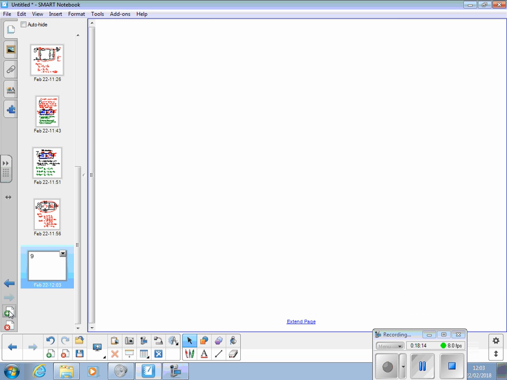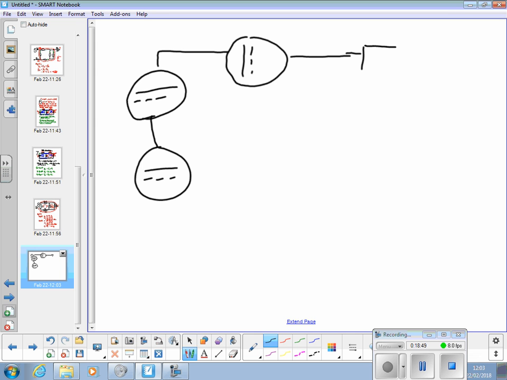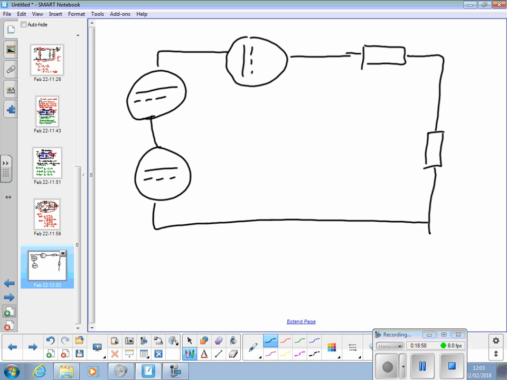Right, we'll just have a look at one more example. This one's where we've got more than one source in it. So there's your circuit.